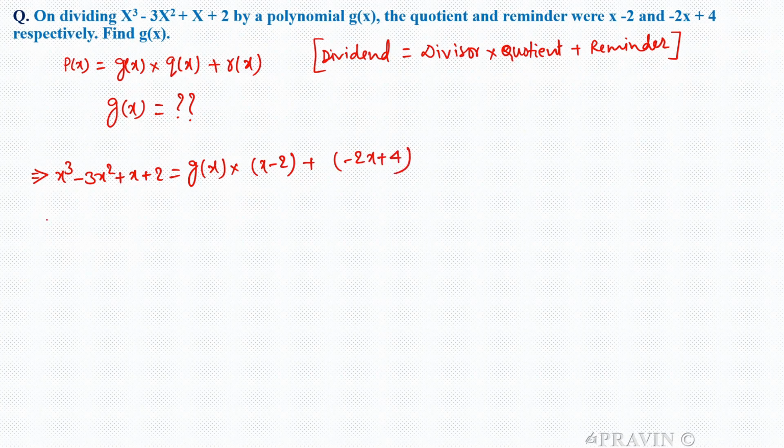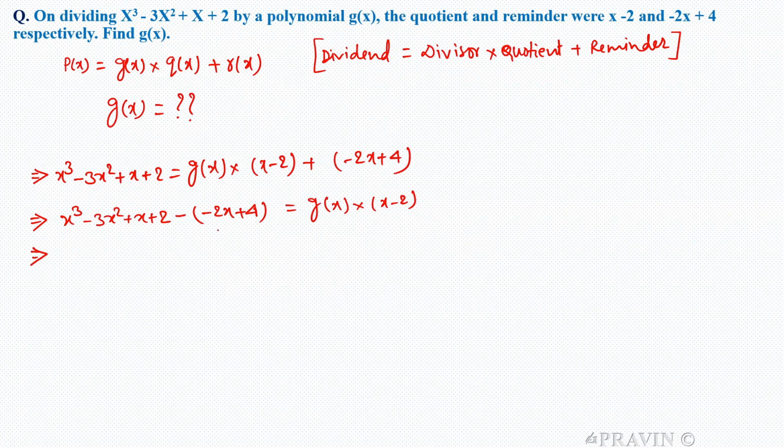Now you need to solve this equation. First, this is here in the addition part. Just bring this to the left hand side. You will get x cube minus 3x square plus x plus 2 and minus 2x plus 4 is equal to gx into x minus 2.